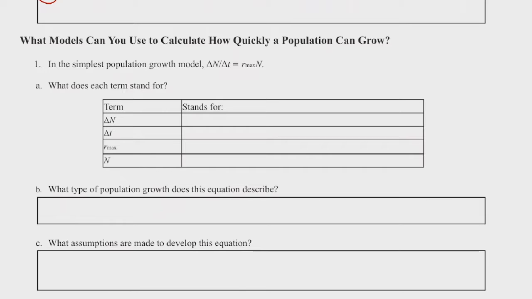means the change in number of individuals. So N is number of individuals.